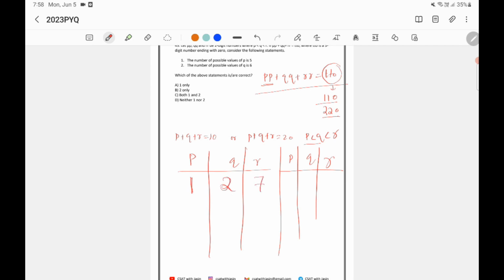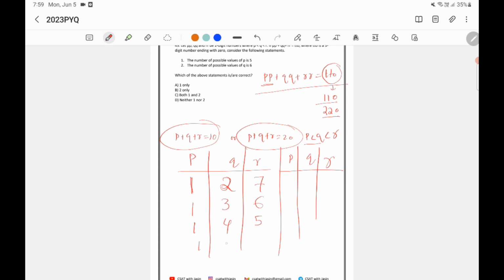So this is 7 because total we have to get 10. So I am taking this first, then I will go with the other one. If P is 1 and Q is 3, then R can be 6, right? 1 plus 3 plus 6 is 10. Now if this is 1, this is 4 and this is 5, then also 1 plus 4 plus 5 is 10.